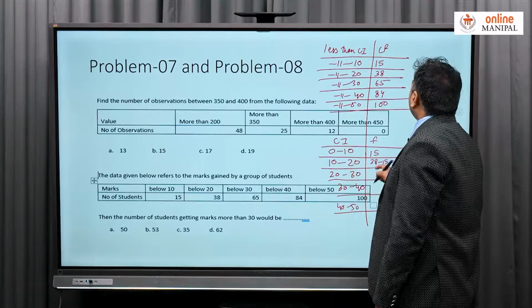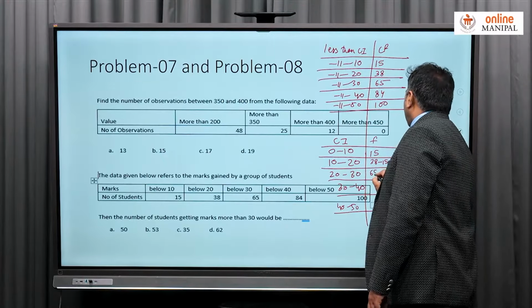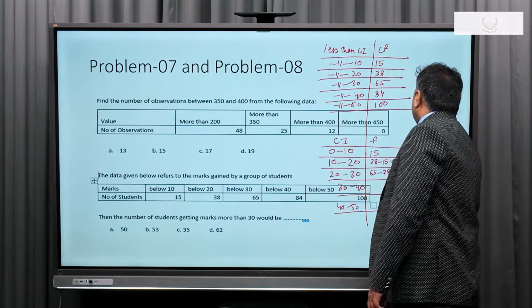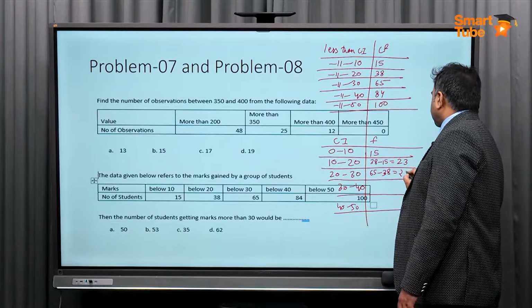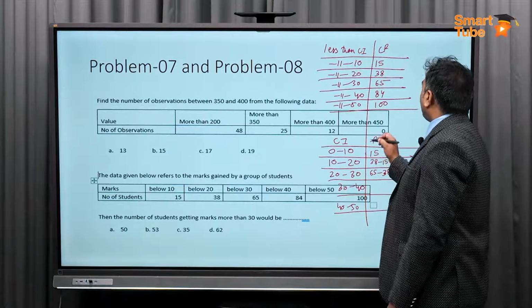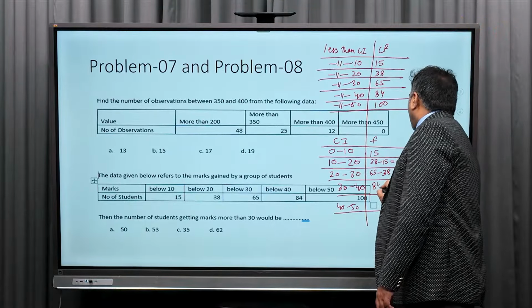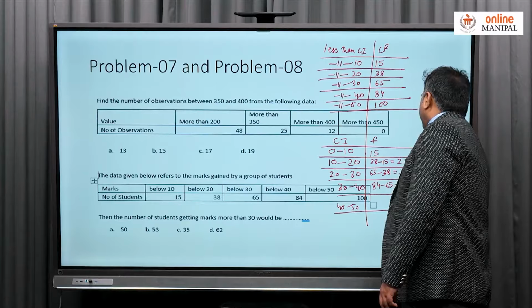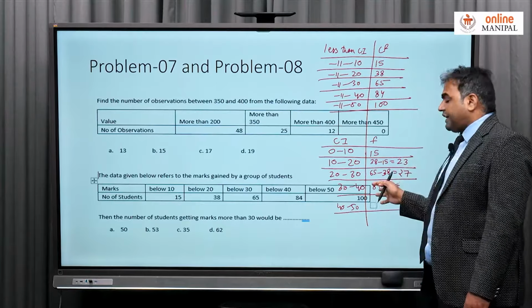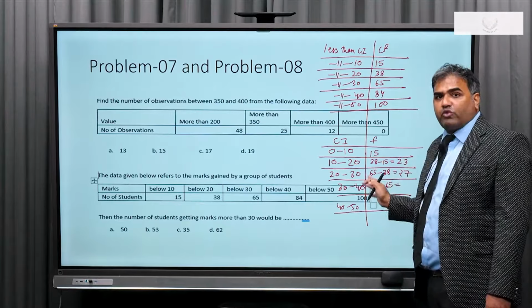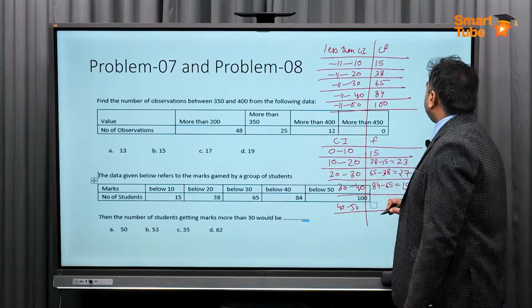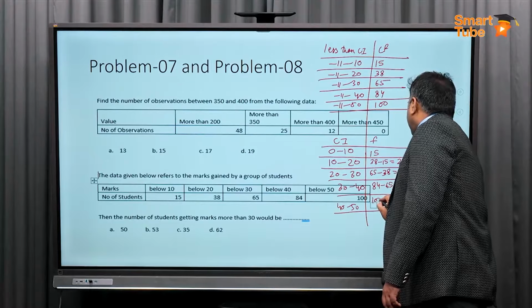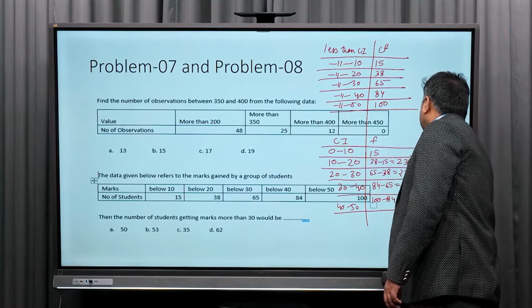Then 20 to 30 would be 65 minus 38. 65 minus 40 is 25, plus 2, 27. Then 30 to 40 would be 84 minus 65. 85 minus 65 is 20, minus 1, it would be 19. And then 100 minus 84 will be 16.